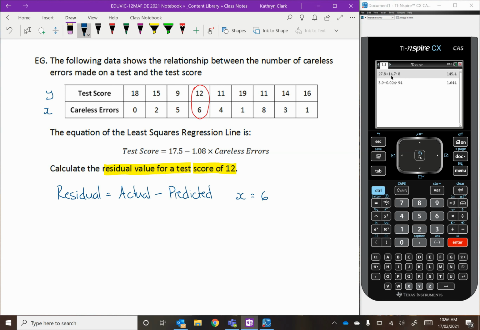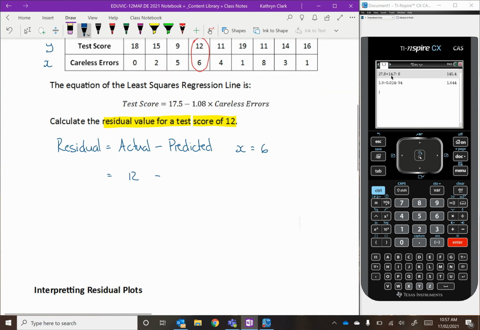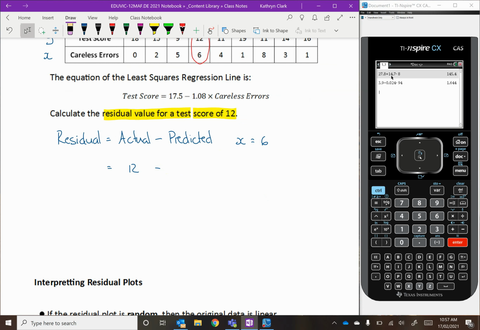Remember, we're substituting the x values here. We've got a test score of 12, but that's our y value, and the corresponding x value is 6. So we know that the actual value is 12, and at the moment we don't know our predicted. So let's work out our predicted.